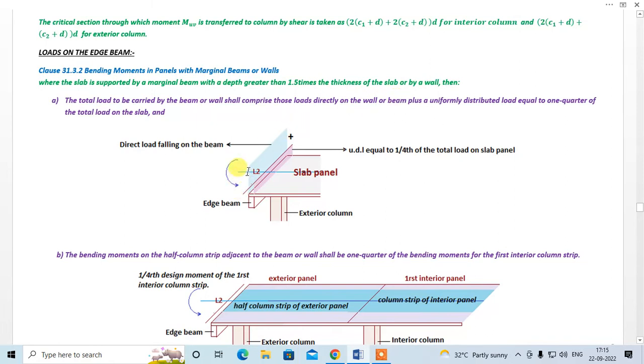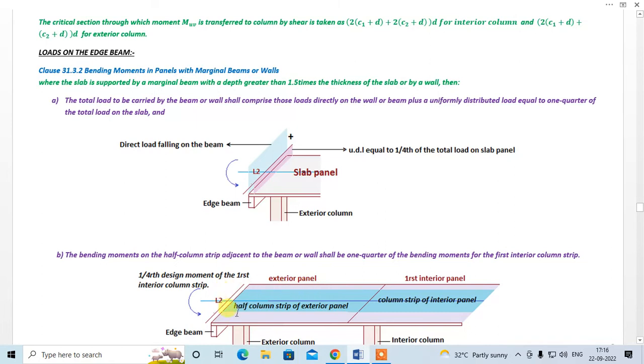say load of wall or self weight or any other load which is directly falling on the beam, plus uniformly distributed load equal to 1/4 of the total load on the slab. That is, this load plus UDL equal to 1/4 of the total load on the slab panel. So this is your exterior slab panel.